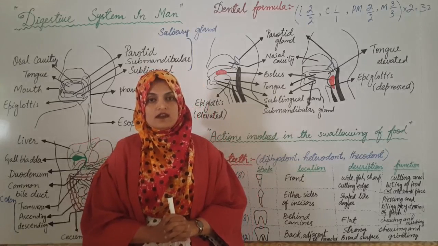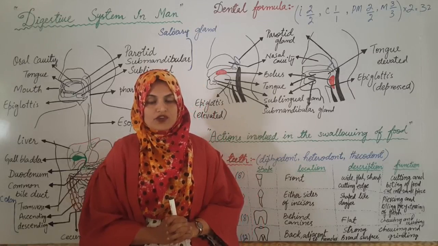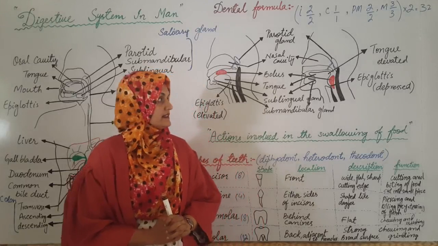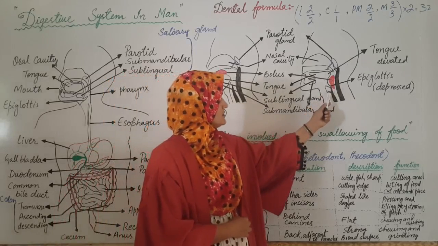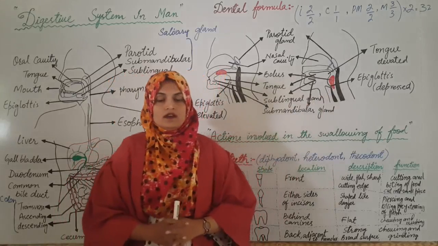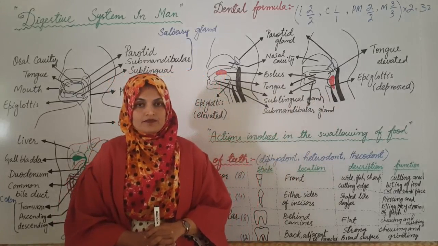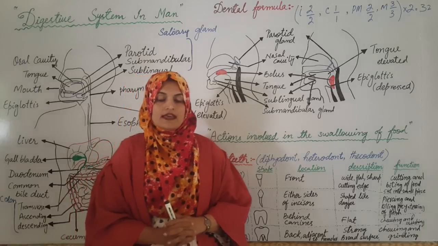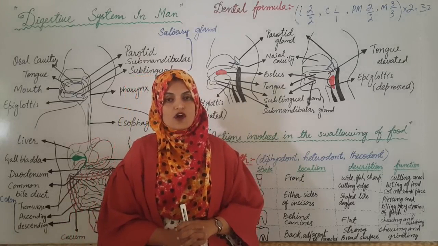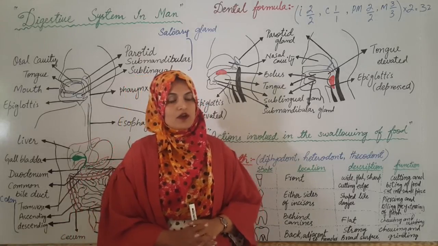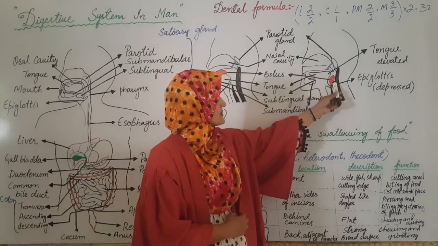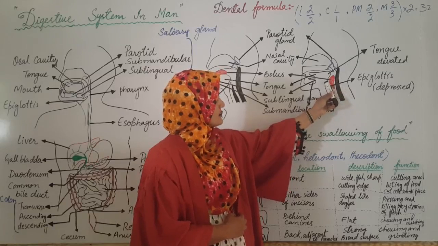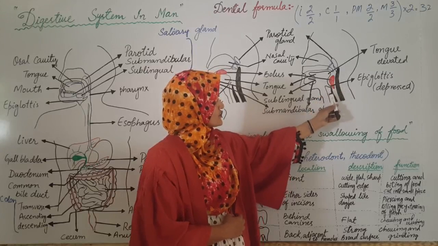If accidentally the epiglottis does not cover the trachea completely, then some food particles enter into the trachea, and as a result a strong reflex action pushes the food back into the pharynx and closes the passage of the trachea.